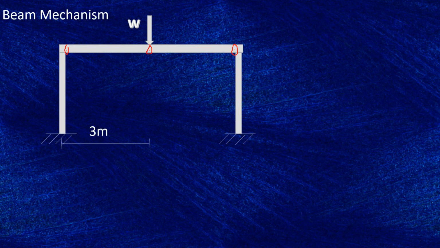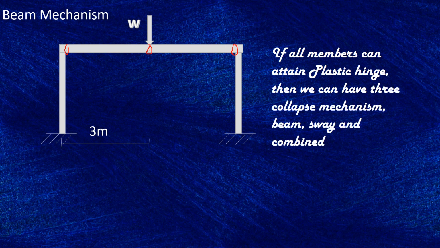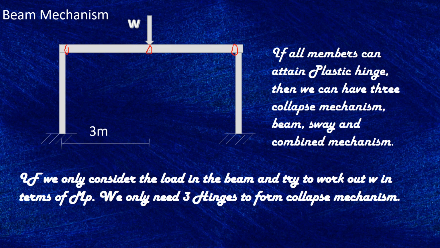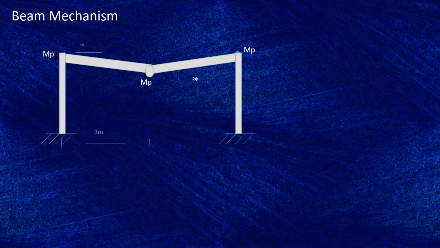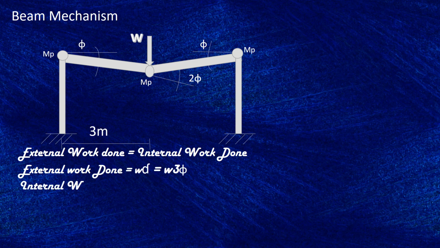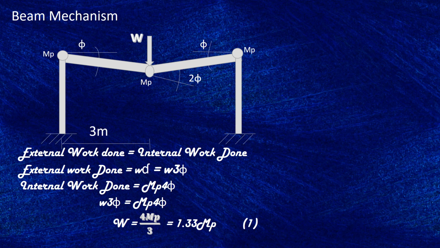If we consider the beam mechanism, there are going to be three hinges that need to be formed to form a plastic collapse mechanism. If we only consider the load in the beam and try to work out W in terms of MP, we only need three hinges. If we work out the external work done, equating that into the internal work done, the load travels through the beam into the joints and forces the joint to rotate by theta.